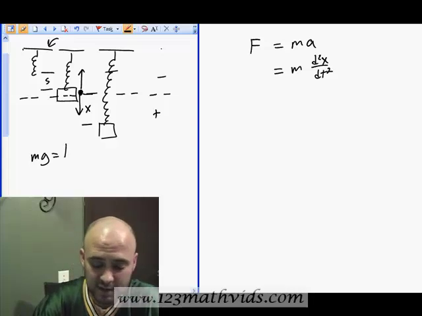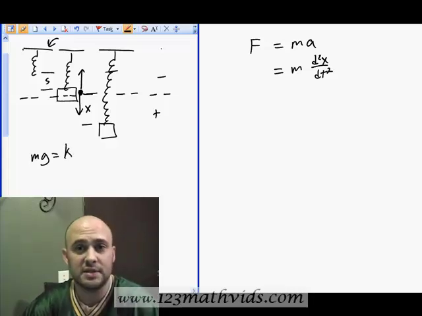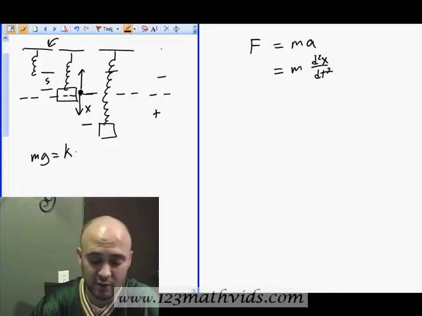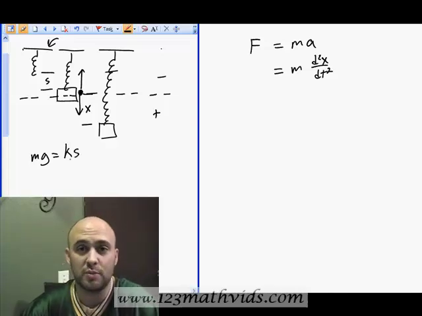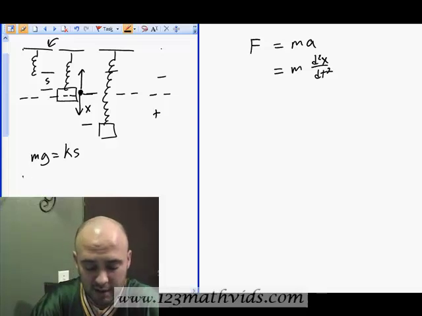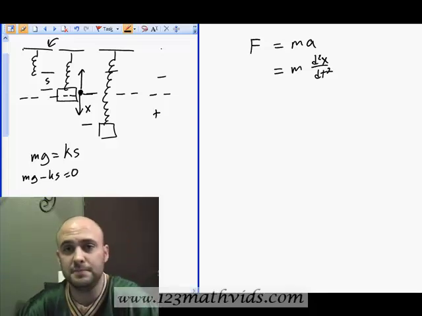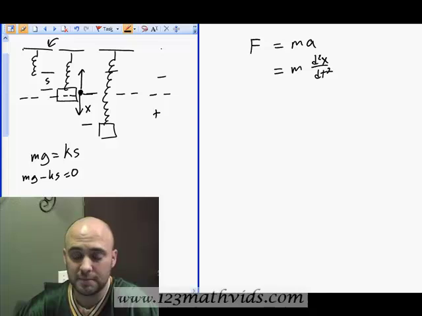So it's equal to some constant k times the distance the spring is stretched, in this case S. So this is our first relationship. I'm just going to rewrite that as mg minus ks is equal to 0. So that's our first little relationship.